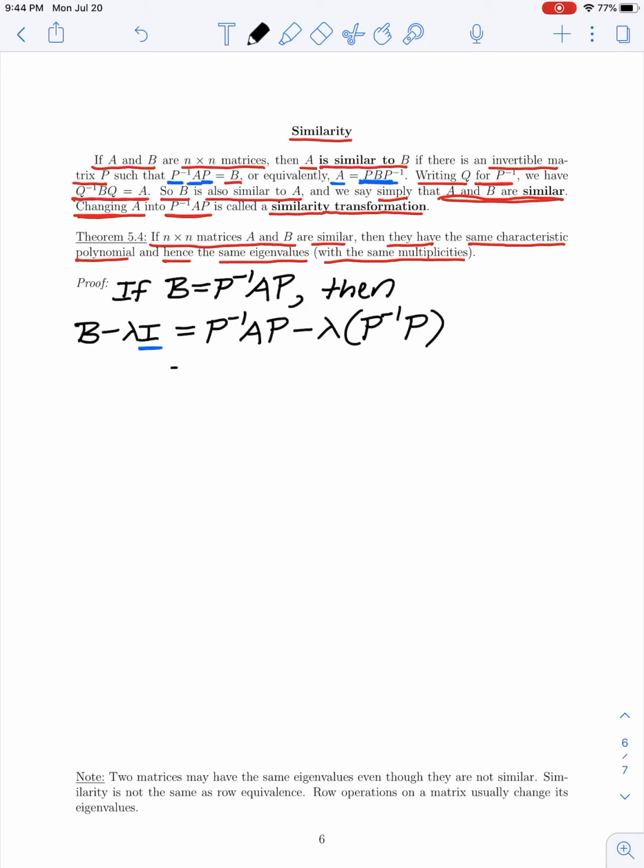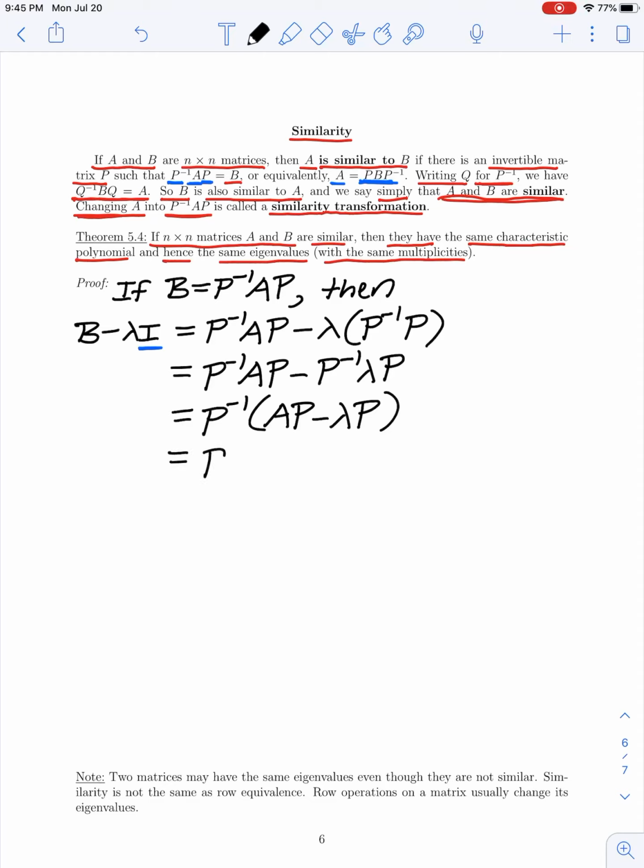So we can rewrite this as P inverse A P minus P inverse lambda P, and then I can factor out P inverse on this left multiplication, and I'm left with A P minus lambda times P. And then I can factor out the matrix P, which is being right multiplied in each factor, and I'm left with A minus lambda times the identity matrix times P.